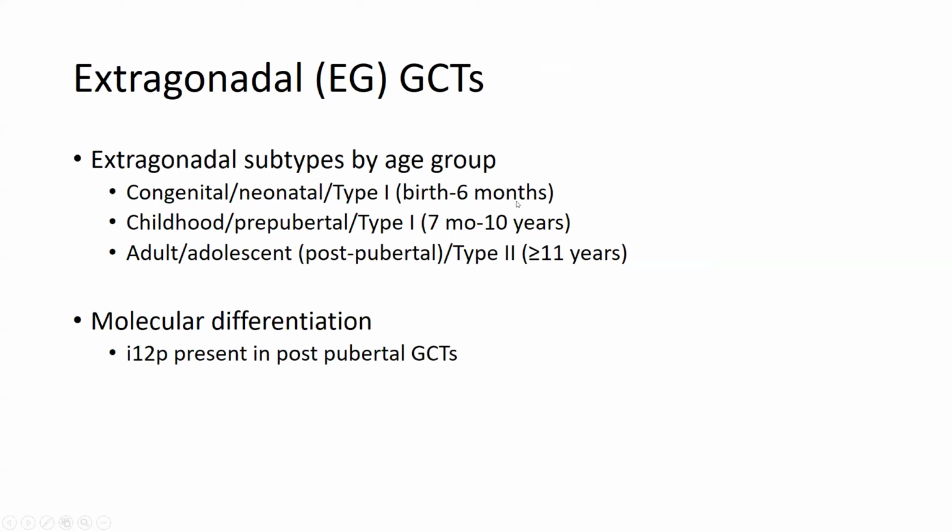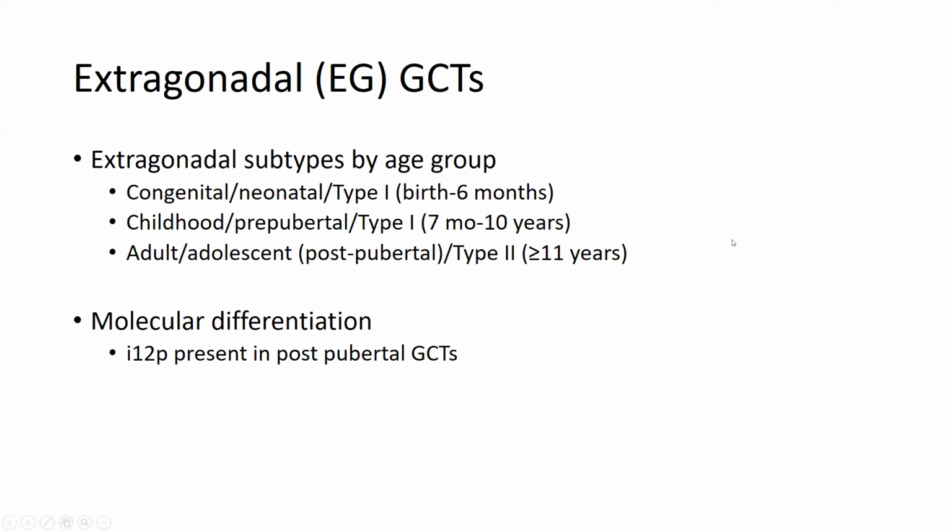And so here, just to kind of go through, is extragonadal subtypes by age group. And this is just another way to look at it. So you can think about them as congenital, neonatal, or type 1, which is birth to 6 months, childhood, prepubertal, or type 1, which is 7 months to 10 years, and adolescent or adults, which is postpubertal, also known as type 2, greater than 11 years.